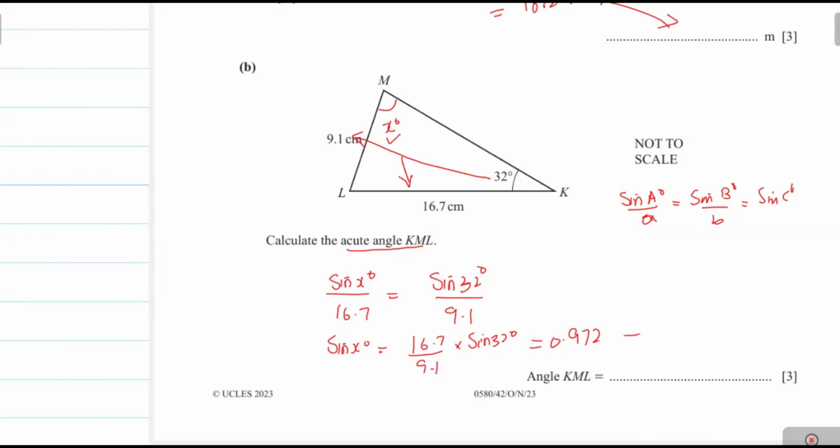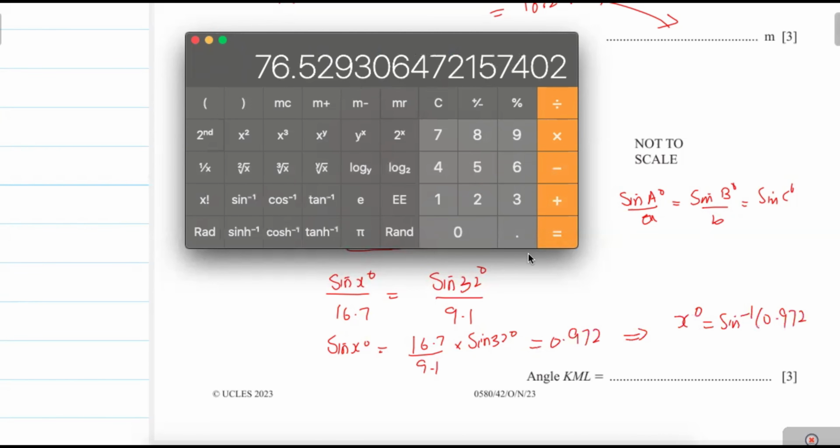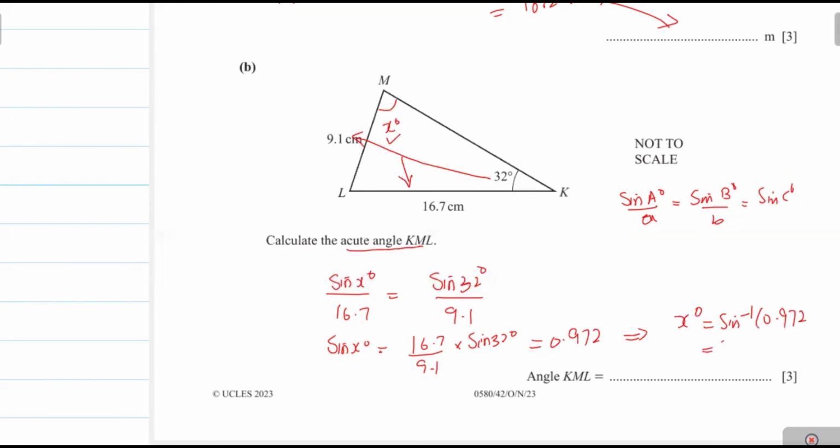Therefore, x degrees will be equal to sin inverse 0.972. Now we take the sine inverse, and this value is equal to 76.5 degrees, which is the acute angle.